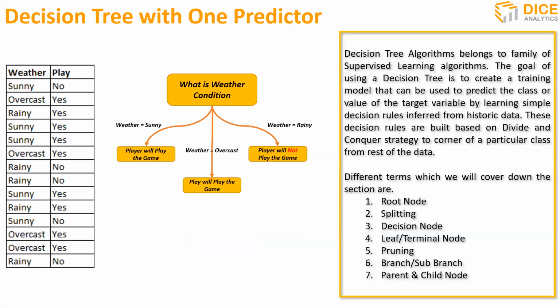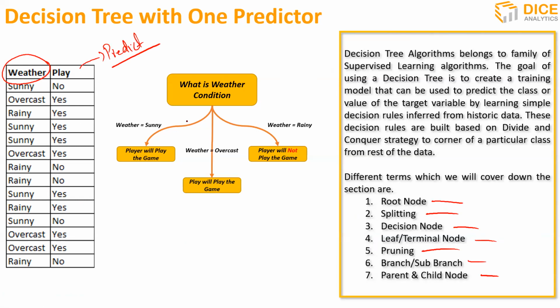Just to reiterate, we have to clear a few jargons here. They are quite easy and will not take more than 1 to 2 minutes. For example, if we have weather data in hand, and I tell you the weather today, you have to predict whether a player will play the game or not, right?